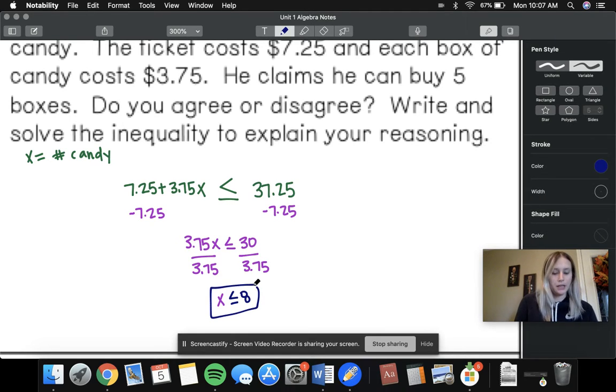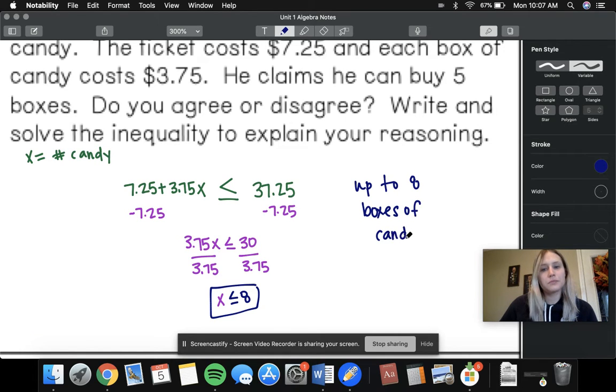Let me check real quick. Okay, 8. So x is less than or equal to 8, which means he can buy up to 8 boxes of candy. So he claims that he can buy 5 boxes. Do we agree or disagree? So he can buy up to 8, so we agree with that claim.